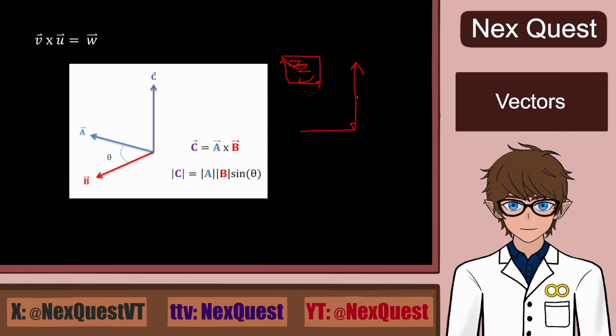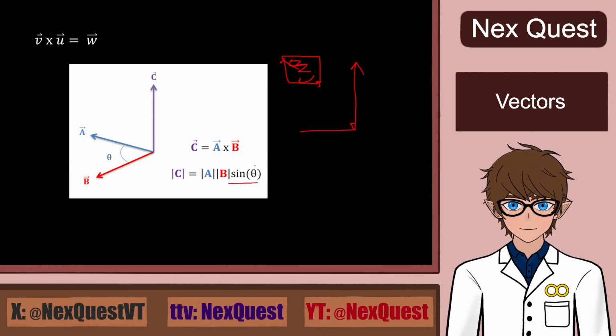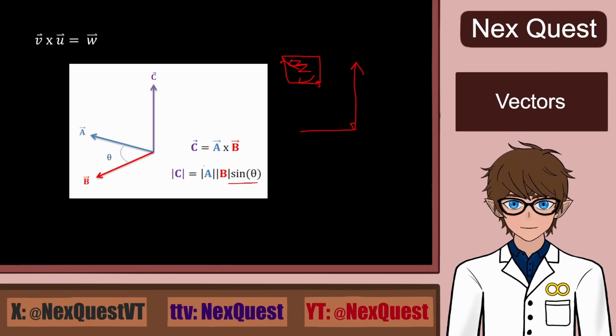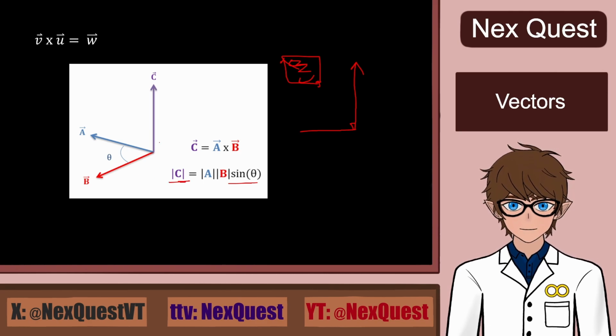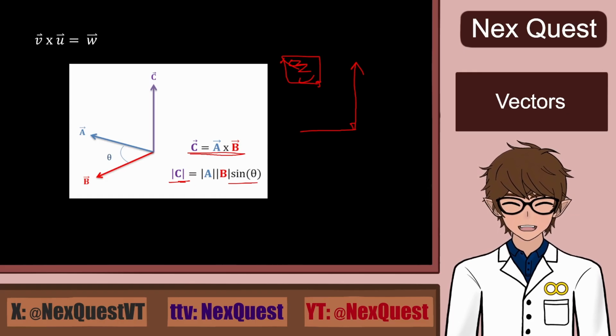Basically, since these two vectors aren't always perpendicular to each other, we will be using sine of the angle to compensate, and we'll get our formula that the magnitude of the product, so the result of this product here, is equal to the magnitude of each individual vector times the sine of the angle between them.